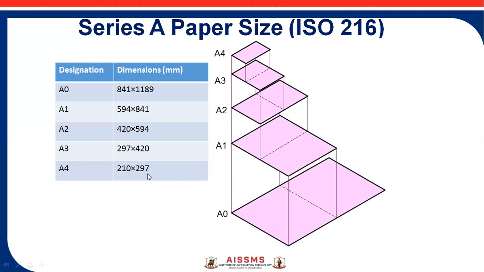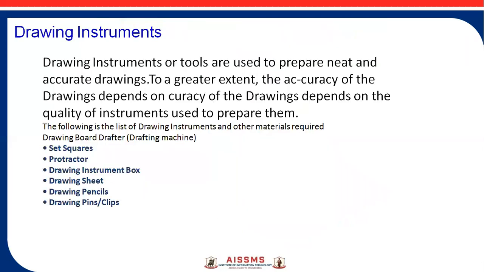You can refer later to these designations and sizes of the sheets, but particularly you should know the uses of these series of sizes, and which ISO rating is used. Different types of drawing instruments are used for accurate and precise drawing.